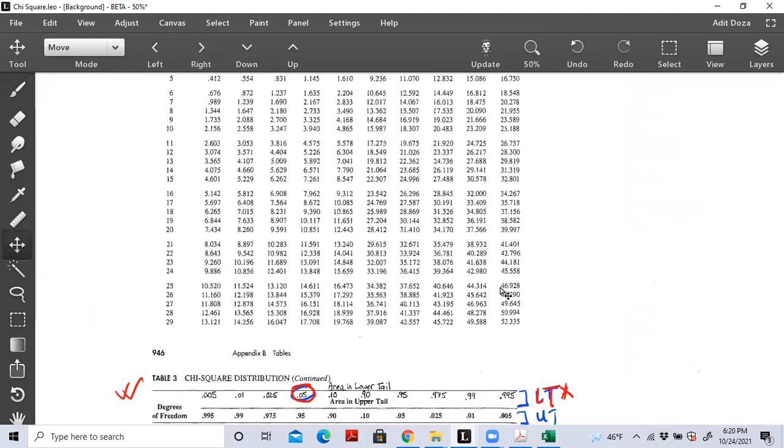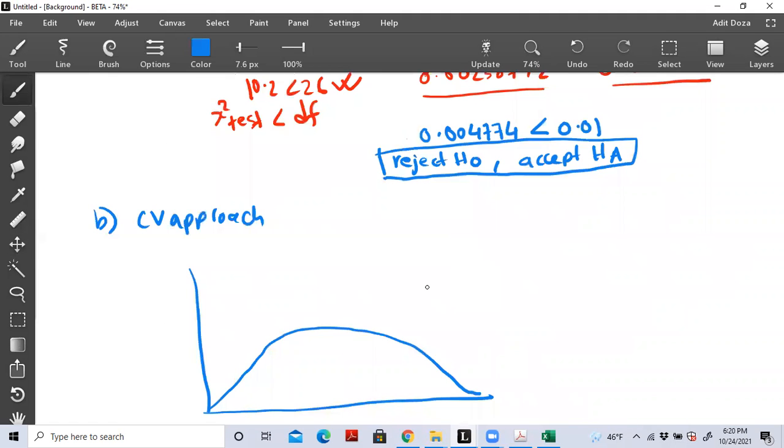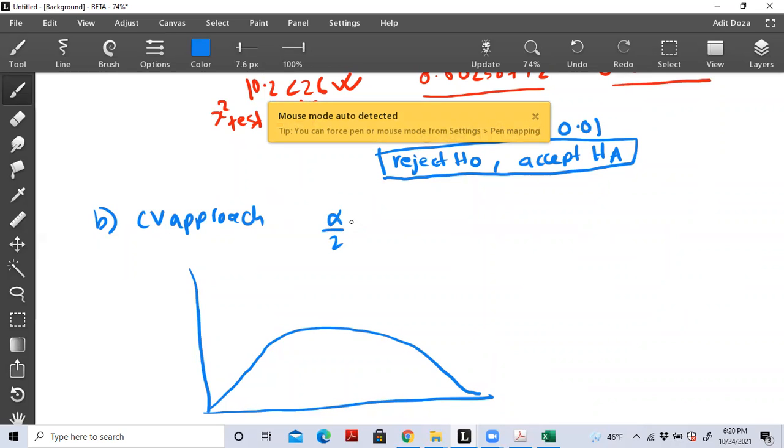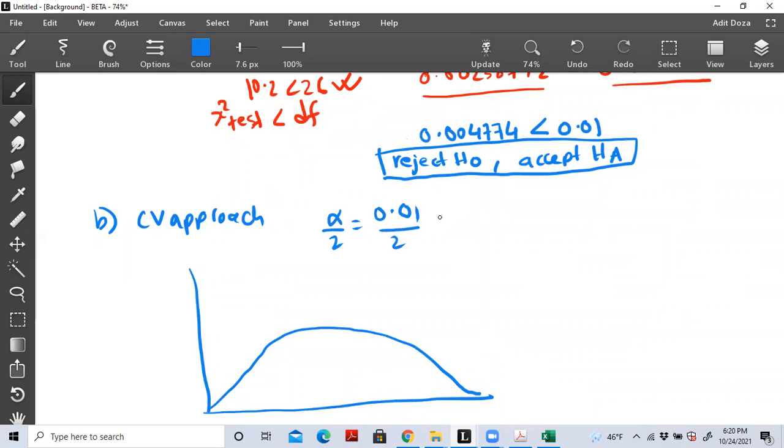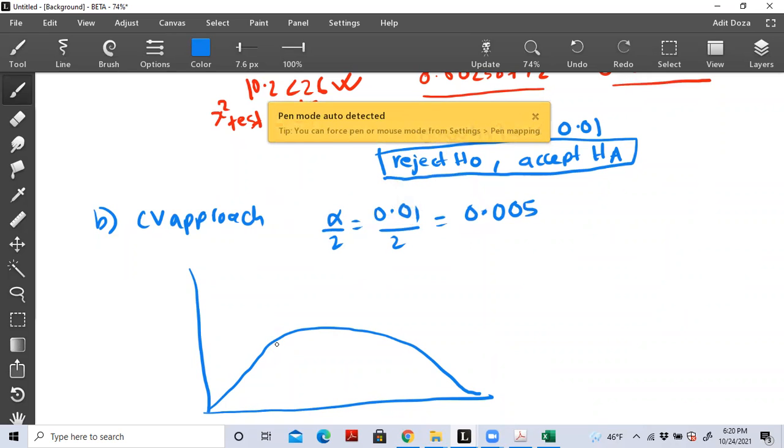It is a two-tail test, right? So two-tail, therefore alpha has to be divided by 2. Our original alpha was 0.01. If you divide it by 2, it's 0.005. So now for 0.005, we have to find both the upper tail and the lower tail.